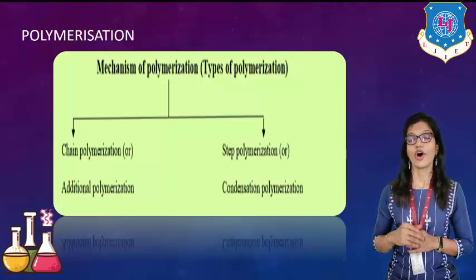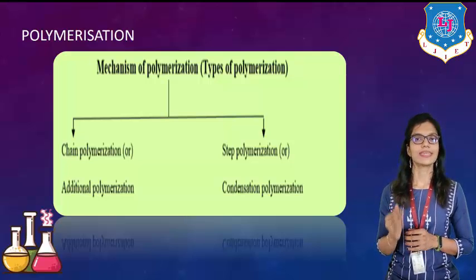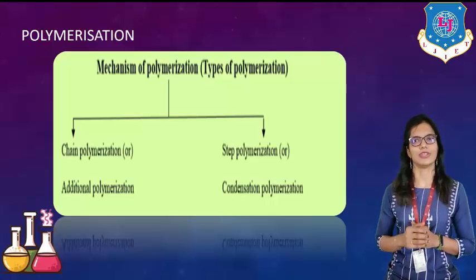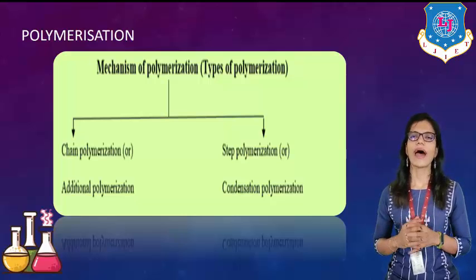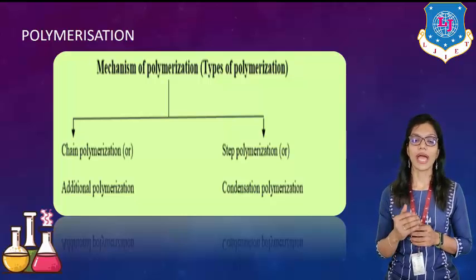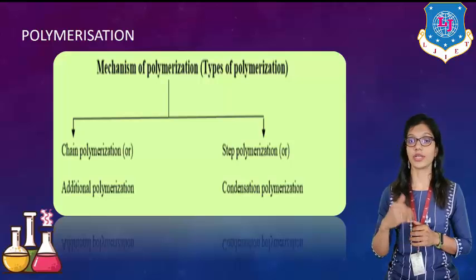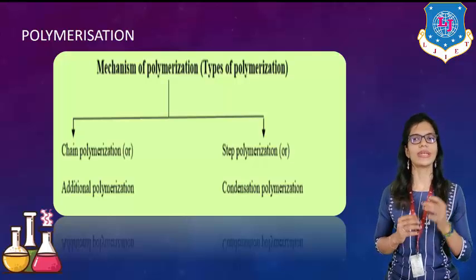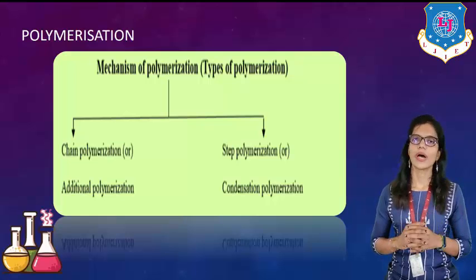Another type of polymerization is the step polymerization or condensation polymerization. So we have divided the mechanism of polymerization, or the process of polymerization, based on its mechanism into two main types. First one is a chain.